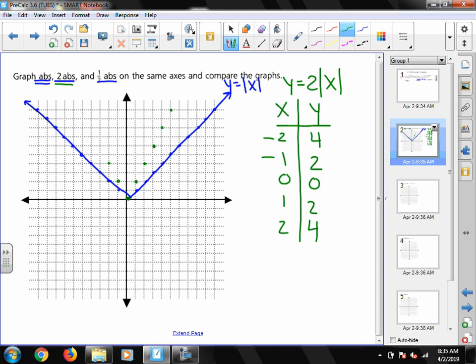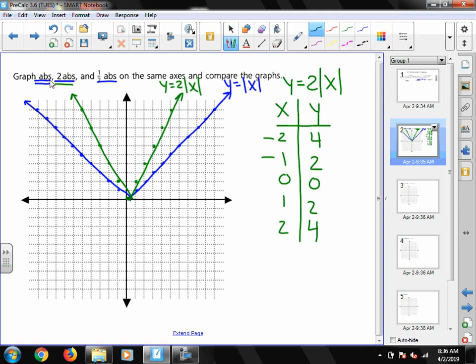And all of those points end up being mirrored on the other side as well. Okay, so in green here we have y is equal to 2 times the absolute value of x.